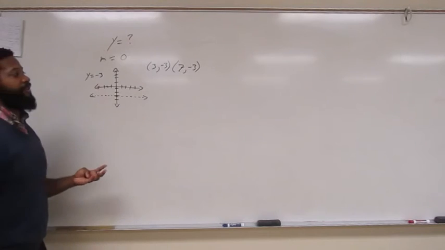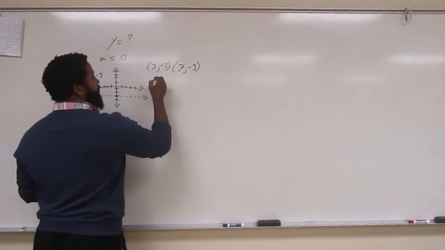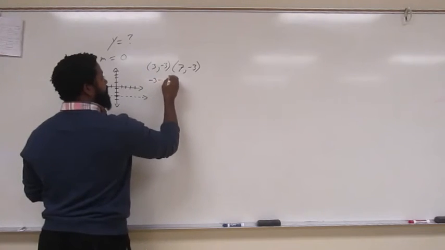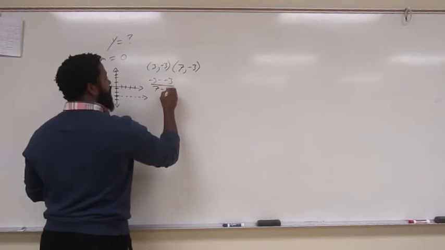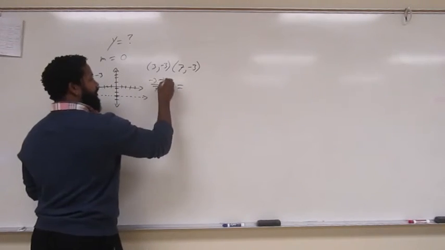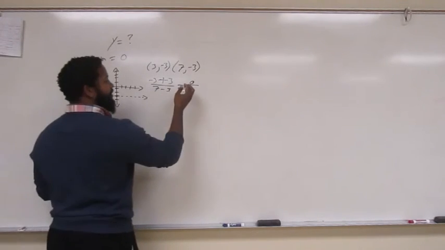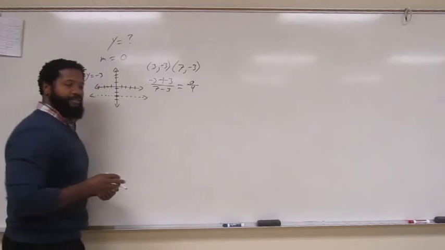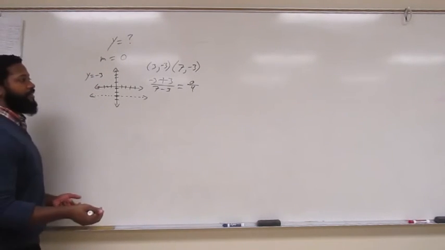So by this being graphed, you automatically know, okay, clearly -3 minus a -3 over 7 minus 3, right? Clearly, that's going to be 0 over whatever number, which in this case will be 4, right? 0 divided by anything is? 0, okay?